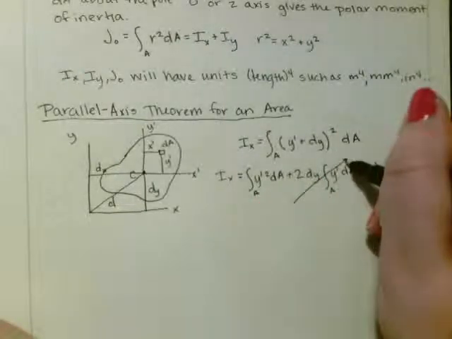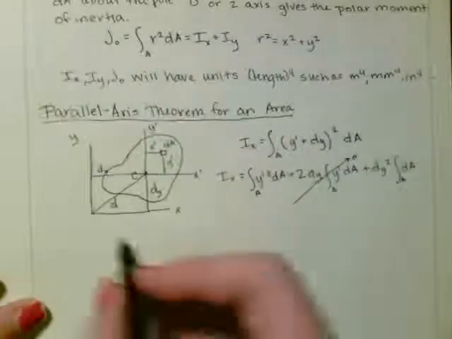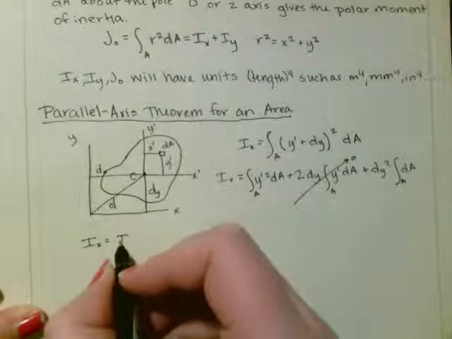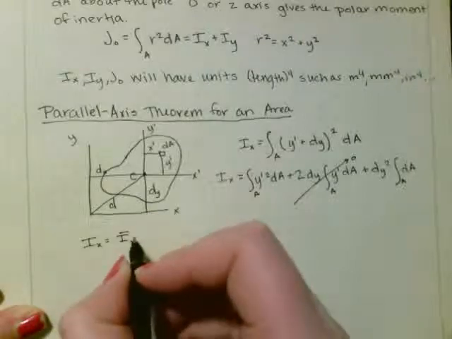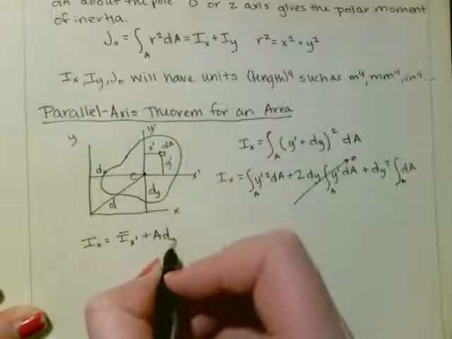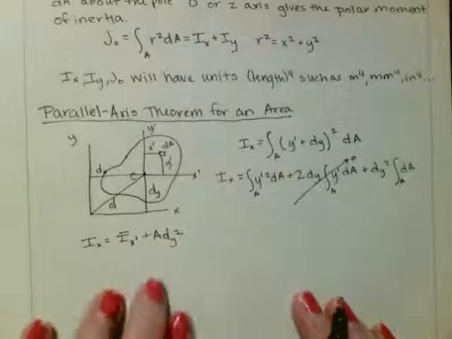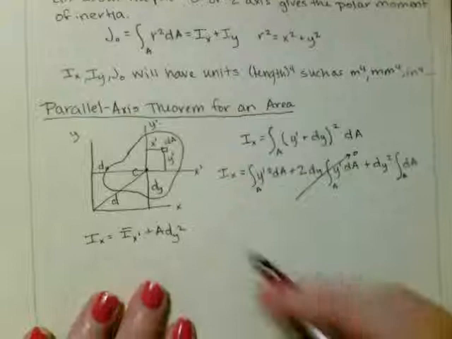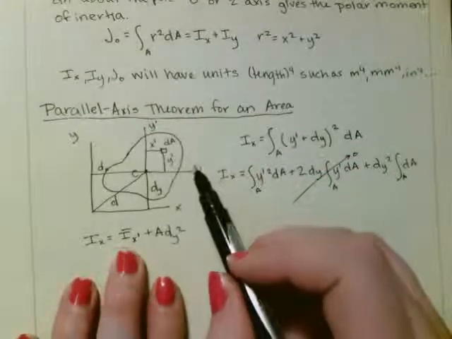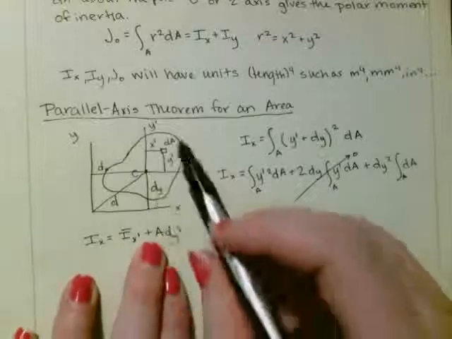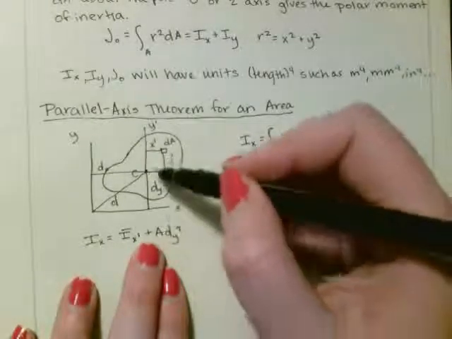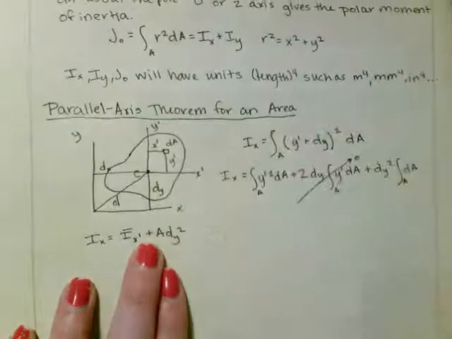And this middle term becomes 0, such that we're left with Ix is equal to Ix prime plus A dy squared, which is just your moment of inertia about the x prime axis plus your area times the distance from your x-axis to your centroid, dy.